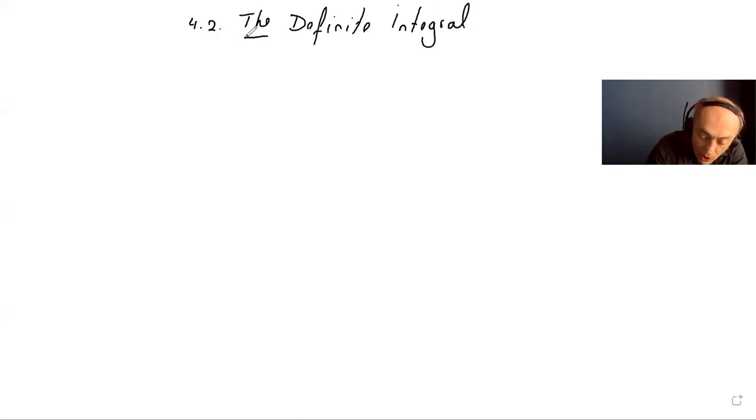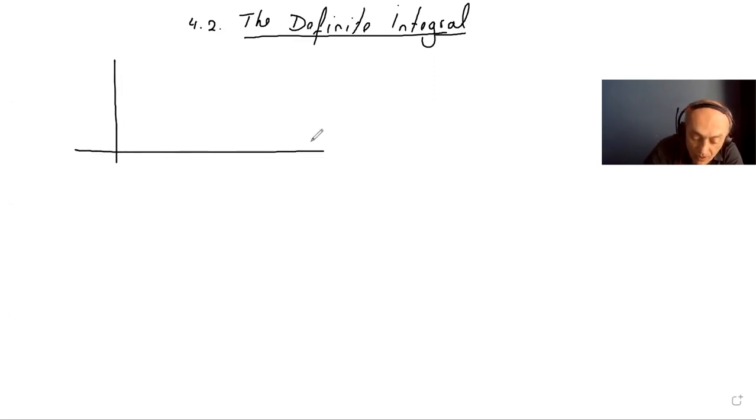And again, the goal of this lesson is not to do a lot of Riemann sums, but rather to explain how the definite integral, the way we defined it last time, works. I'm going to draw the picture here. If you have a function like this, and let's say this is a point A, this is a point B over here, and maybe this is a point C over here.